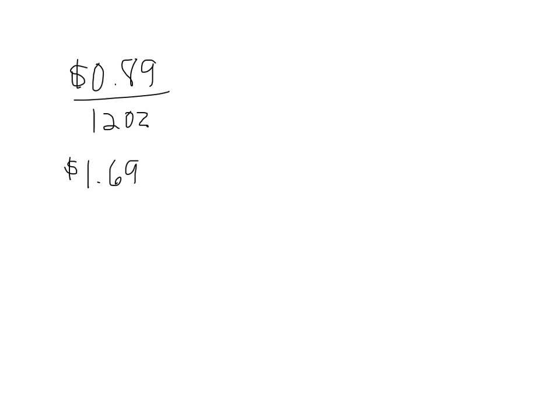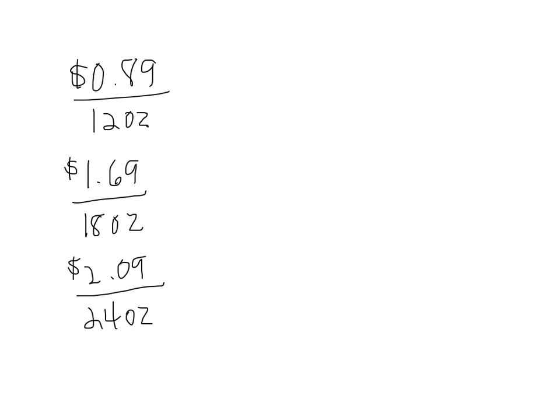We know that it will cost 89 cents for how many ounces? 12 ounces. I'm going to do column format because I need to convert, right, to 1 ounce, do a proportion. I know that it will cost $1.69 for 18 ounces, and I know it will cost $2.09 for 24 ounces.